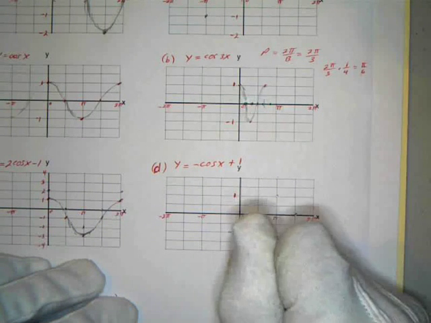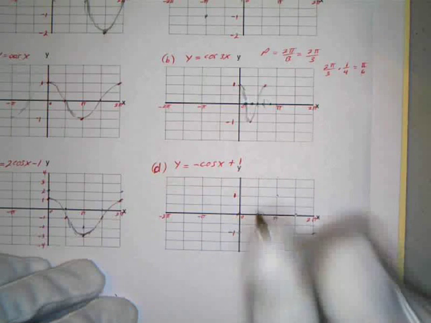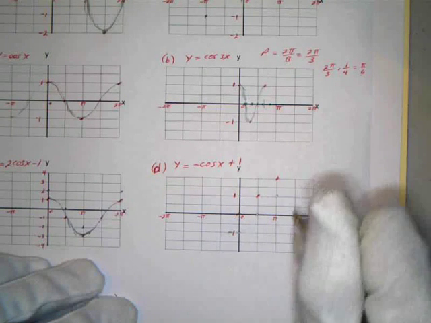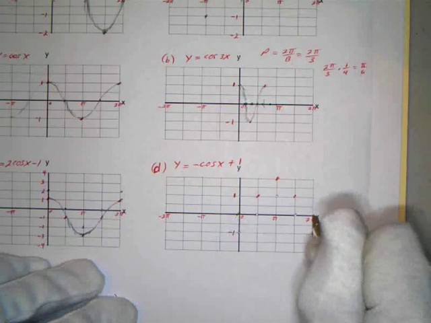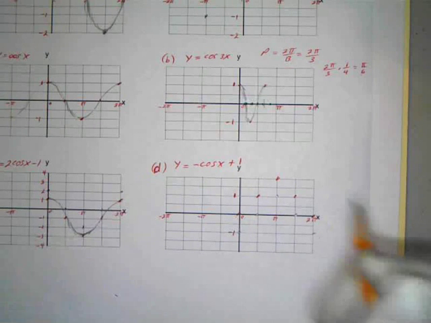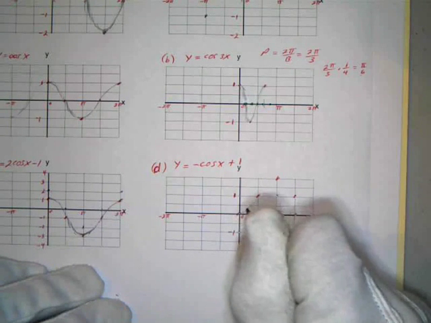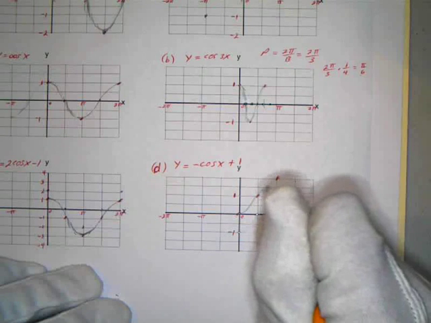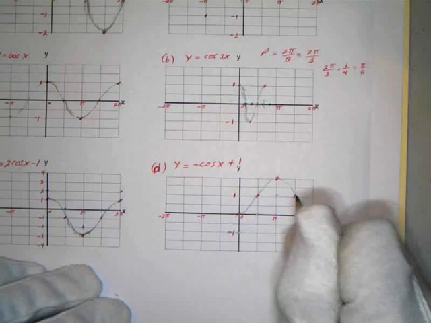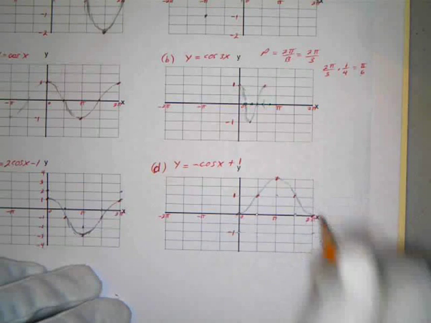So add 1 to here, add 1 to there, add 1 to there, add 1 to there, add 1 to there. Those are the points that you're going to actually use. And remember, it's flipped upside down, so that's why it's going to look a little strange. It's going to go like that, like that, like that, like that.